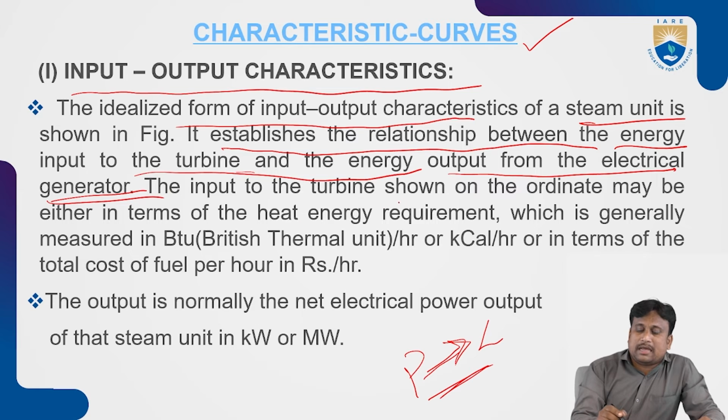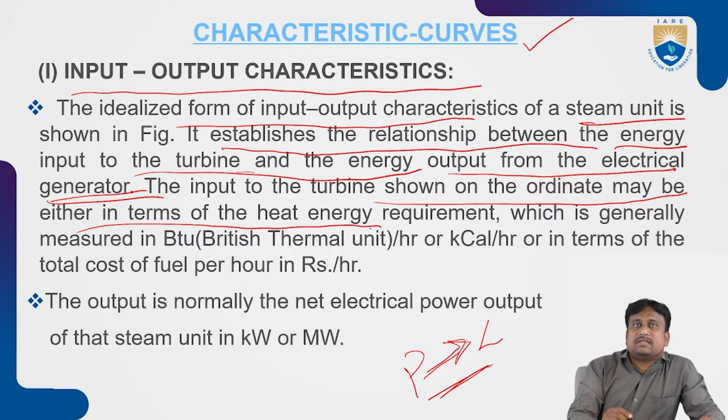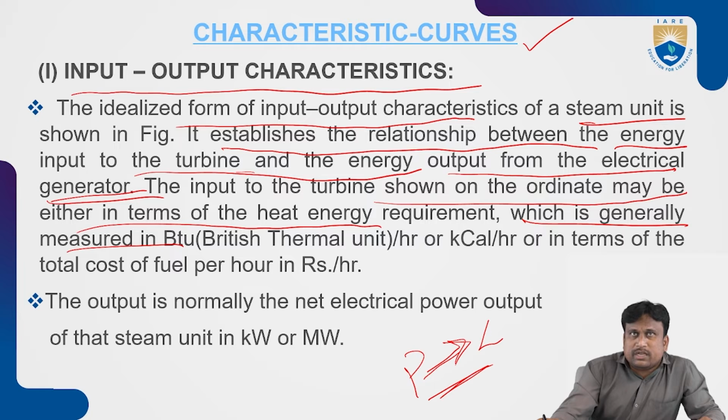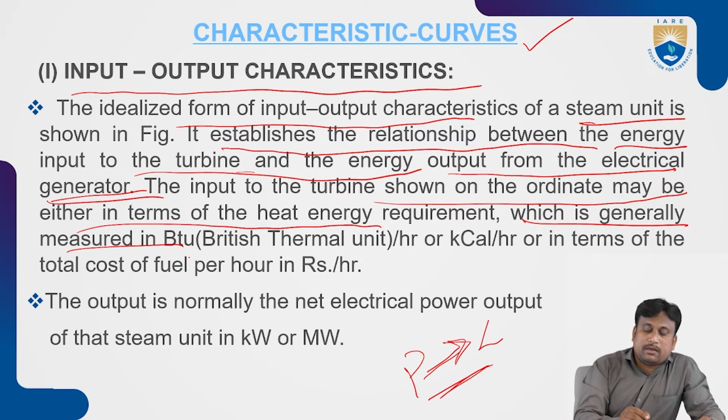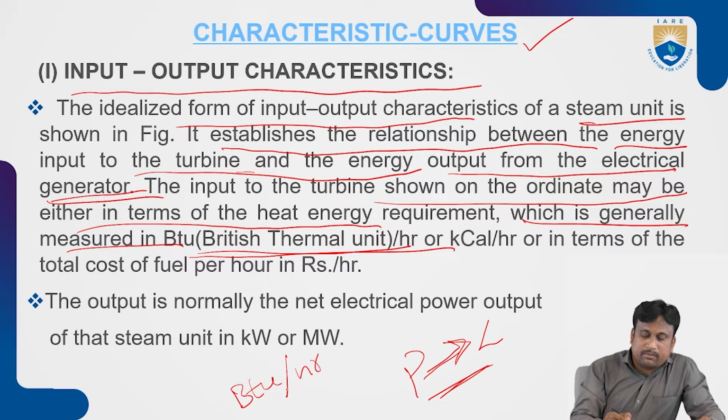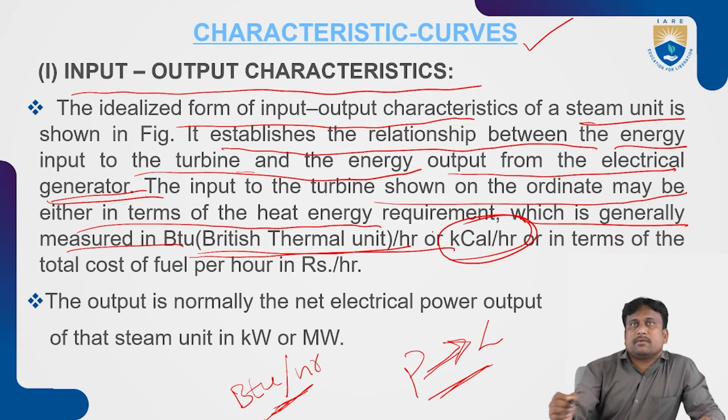So input to the turbine is the ordinate, which may be in terms of the heat energy requirement, generally measured in BTU, British Thermal Unit, per hour, or it may be kilocalories per hour.